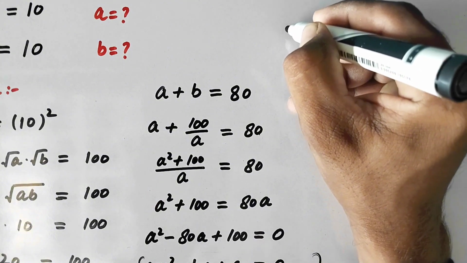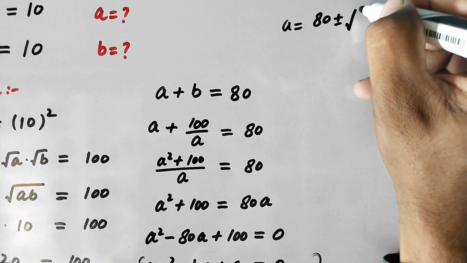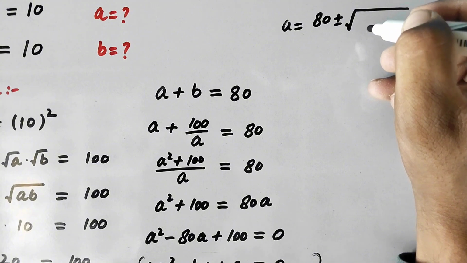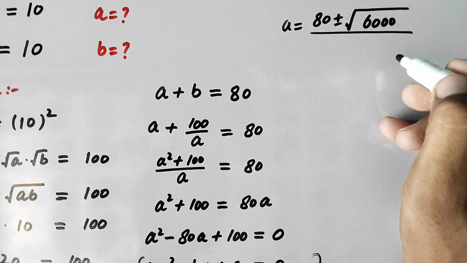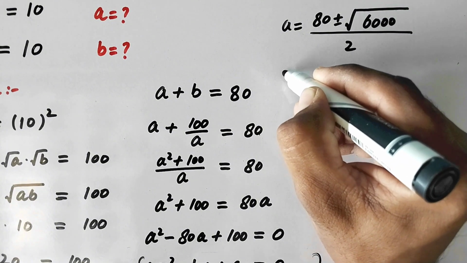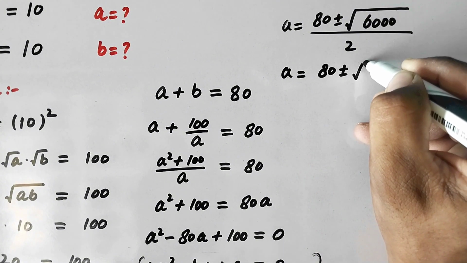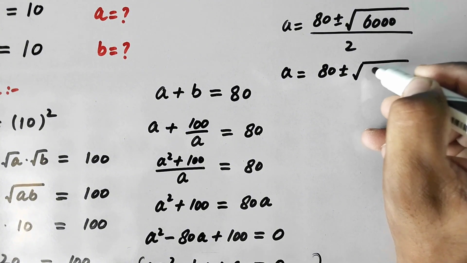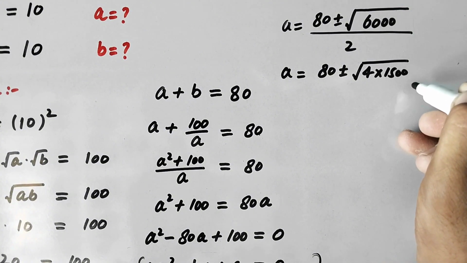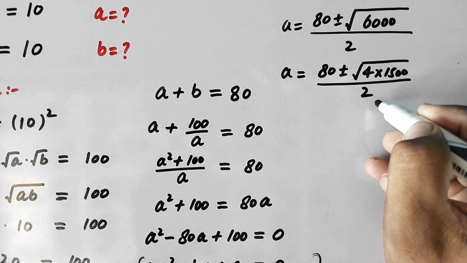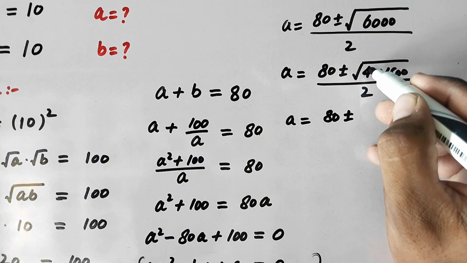Or now here it will be a is equal to 80 plus or minus square root of 6400 minus 400 will be equal to 6000 divided by 2, and now a is equal to 80 plus or minus square root of 6000 can be written as 4 times 1500 divided by 2, and now a will be equal to 80 plus or minus square root of 4 is equal to 2.